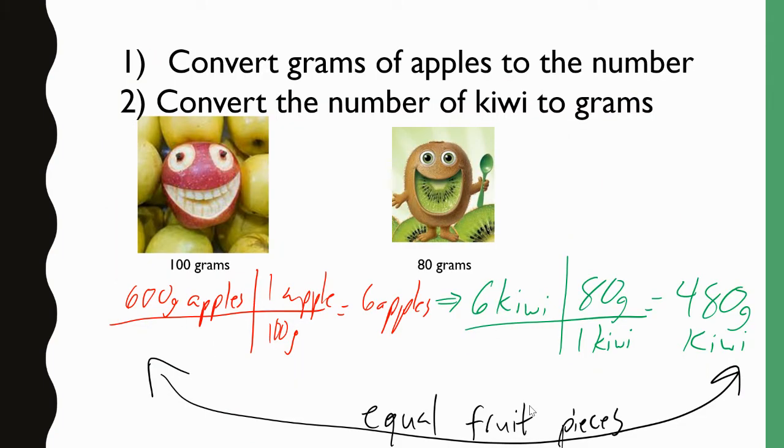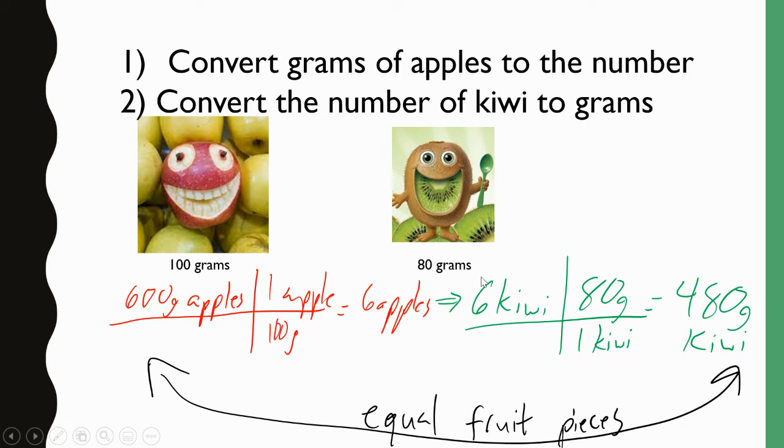So what we're going to do is convert the grams that were given to a number. And then whatever that number is, we're going to convert to the grams of the other fruit, in this case a kiwi. So we had 600 grams of apples. We know each apple weighs 100 grams, so that's a total of 6 apples.